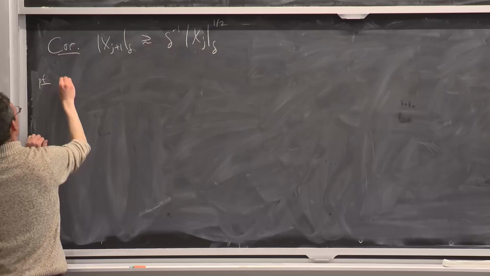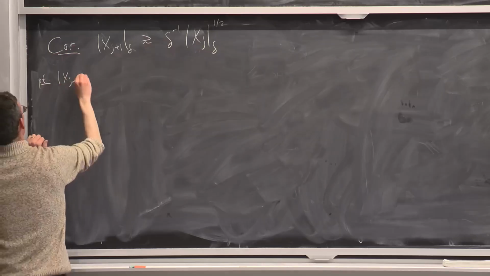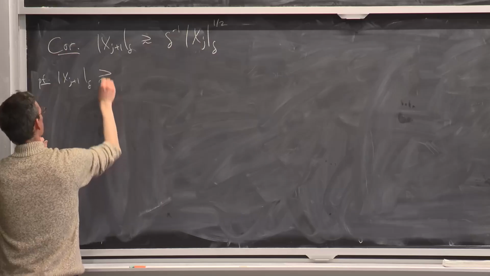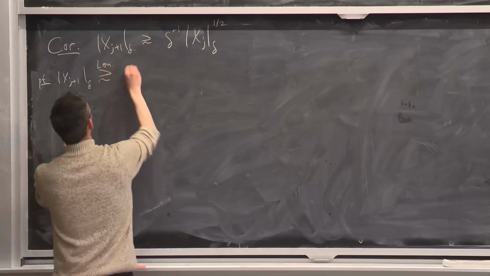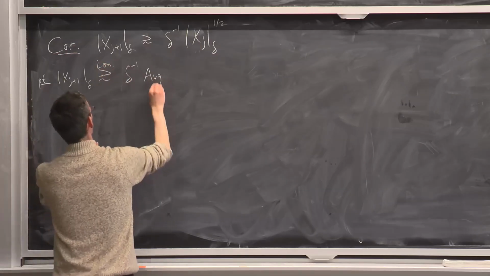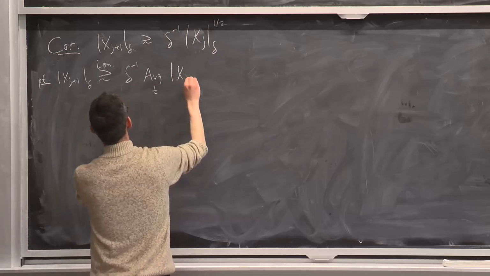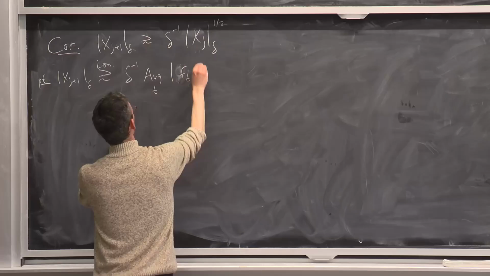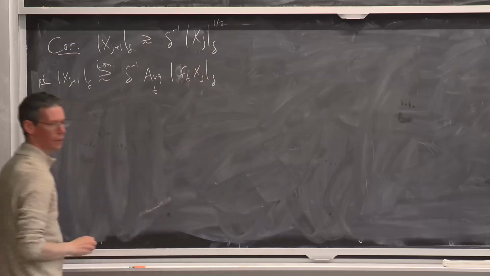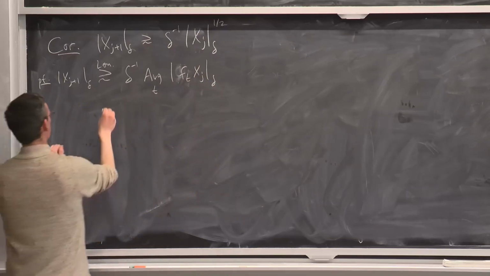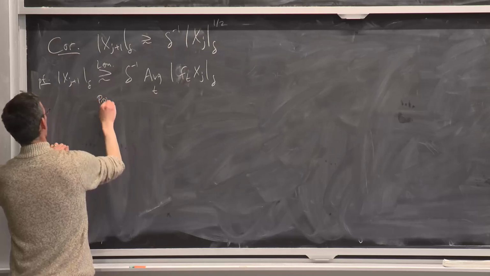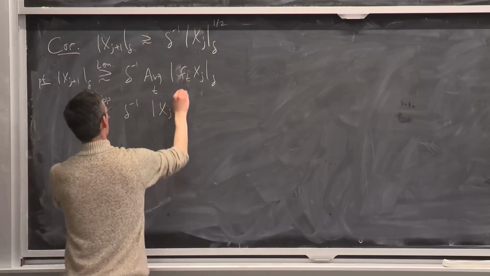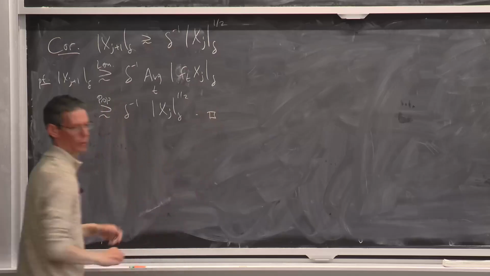Proof. So xj plus 1 delta is at least, by our lemma, delta inverse times the average over t of the delta covering number of ft of xj. And then by our proposition, that's at least delta inverse times xj delta to the 1/2. And that's the proof.